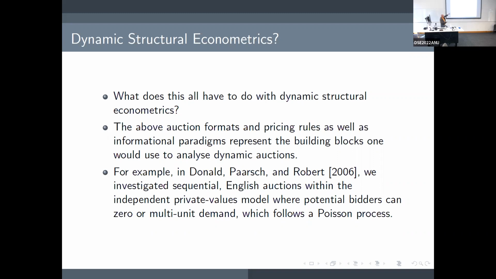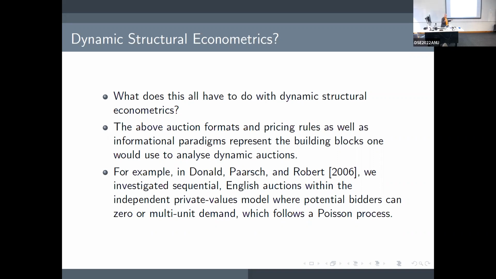And so with Donald and Robert, we looked at an English auction, a particular kind, a Japanese version, open outcry, where there were sequential units of things sold. And what we noticed from the application is we knew who all the bidders were, more or less. I mean, their names were written in Cyrillic, but they were different enough that we could pattern match that there were maybe 20 or 40 of them.